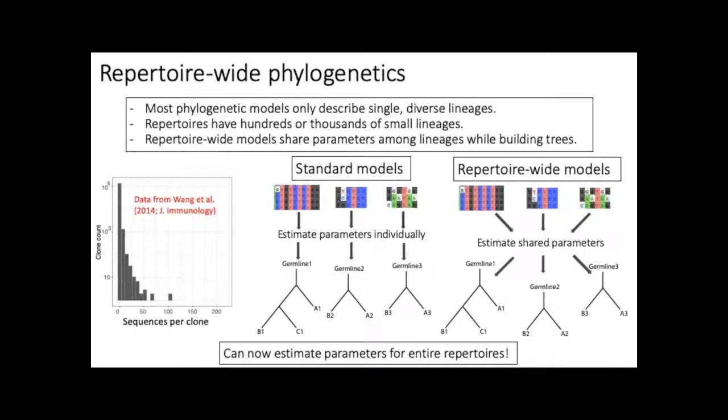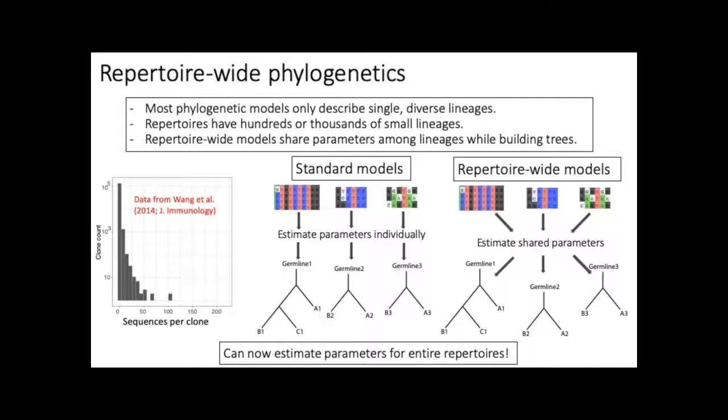Another issue is the fact that phylogenetic substitution models are usually made to describe single lineages, whereas B-cell repertoires are made up of hundreds or thousands of lineages. So under a standard approach, we would take each of these multiple sequence alignments and estimate substitution parameters for each of them individually to get our individual lineage trees.